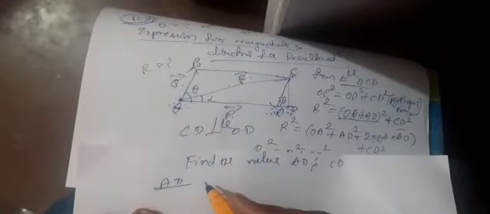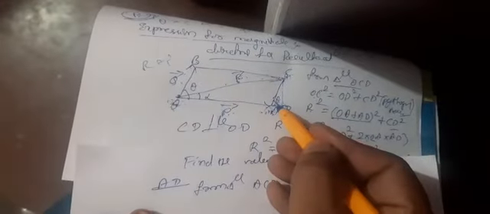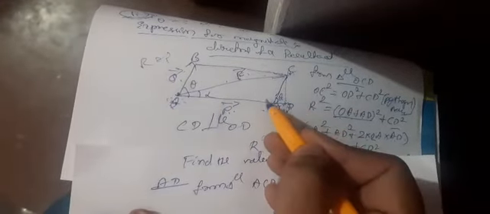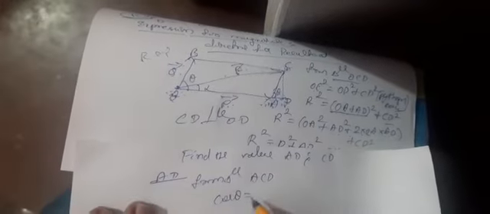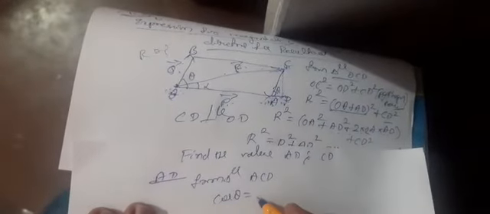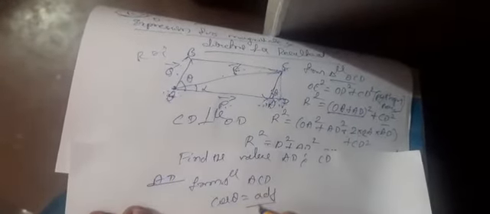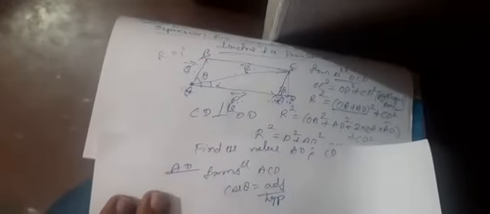See, this is the AD line. From the triangle ACD, the angle is theta. AD is a horizontal line at angle theta, and the horizontal line means the angle is taken as cos theta. By definition, cos theta is adjacent side by hypotenuse side.